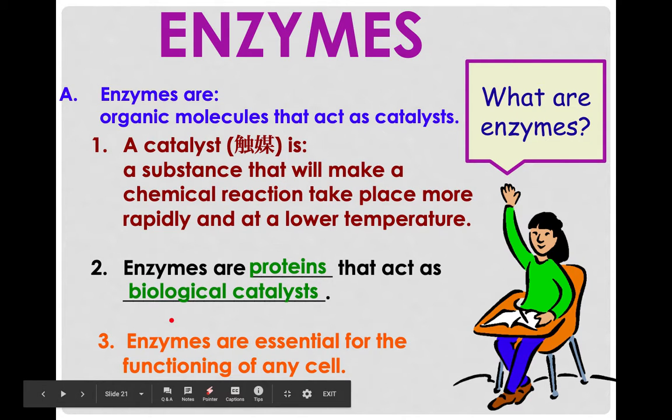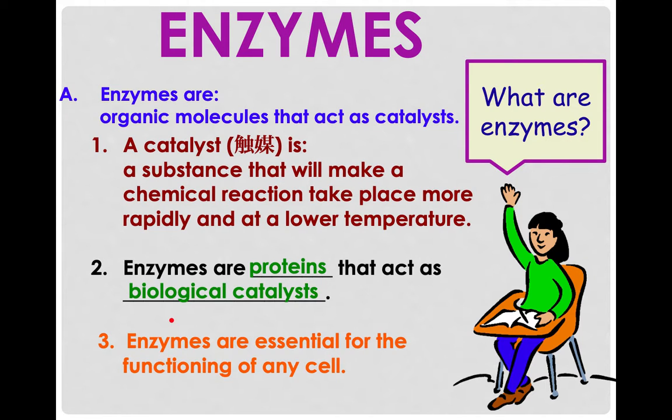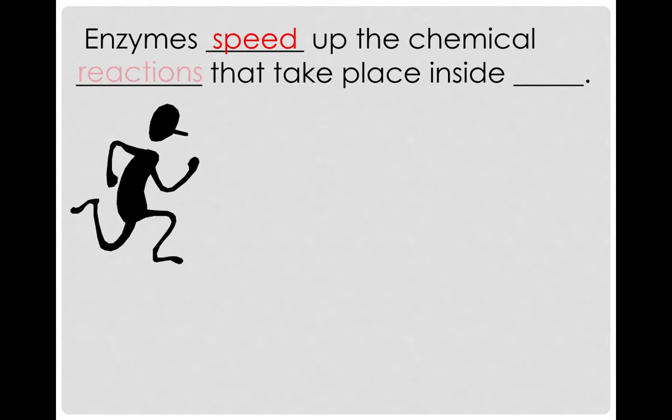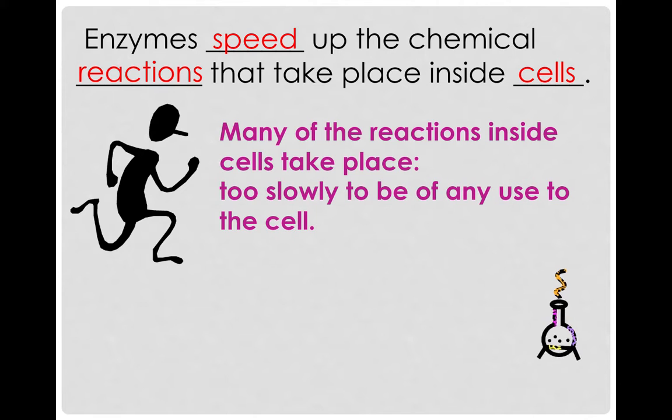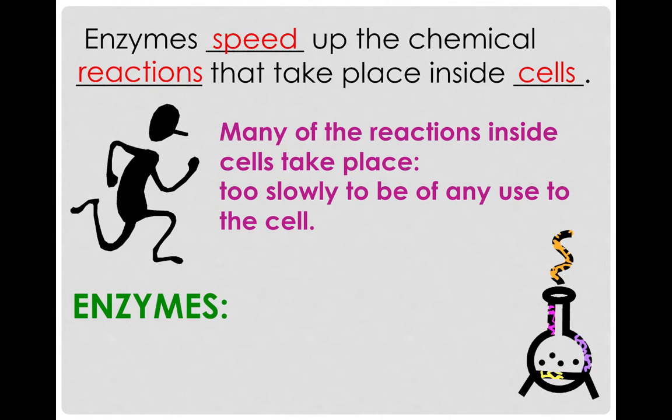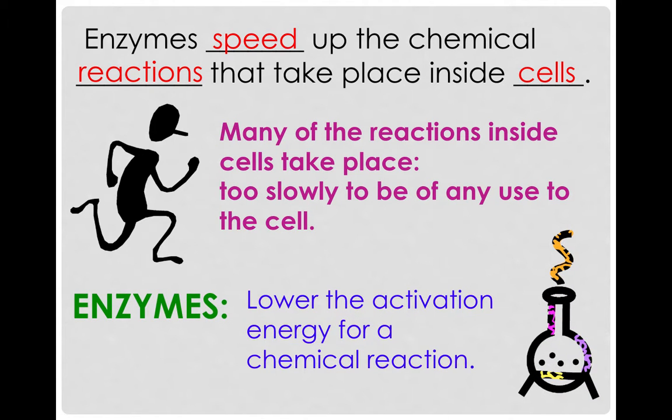Enzymes are essential for the functioning of any cell. So you need that for any cell to work. You need enzymes to help these chemical reactions happen faster. So like we said, enzymes speed up the chemical reactions that take place inside cells. All right, like I said, they happen too slowly.